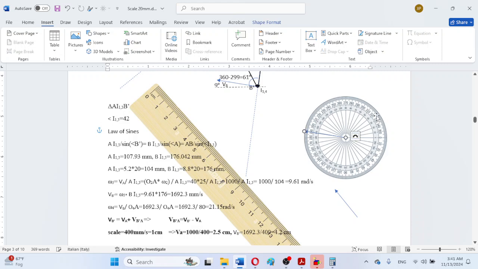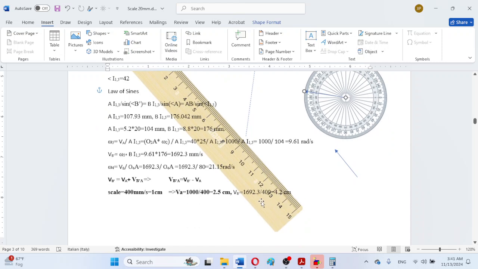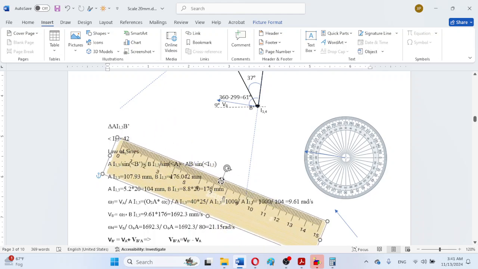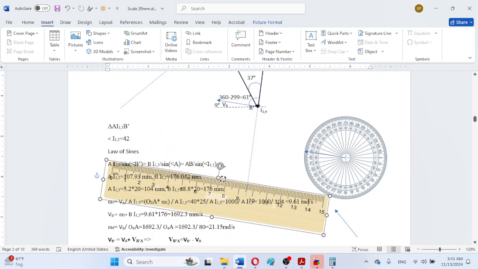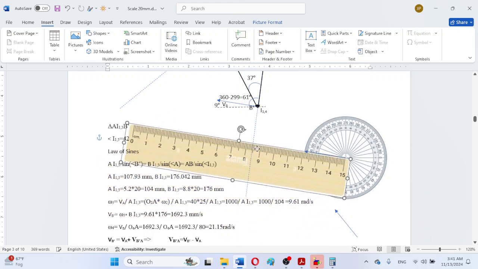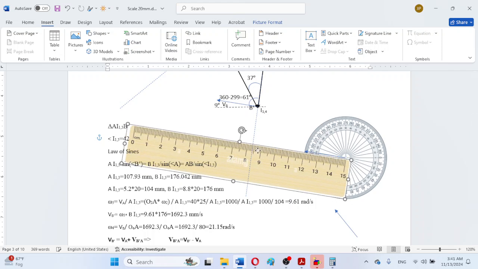So after that, according to scale, this length is 4.2 centimeter. So move this scale parallel to that line here, approximately, and now measure as we can observe here 1, 2, 3, 4 and here 4.2.